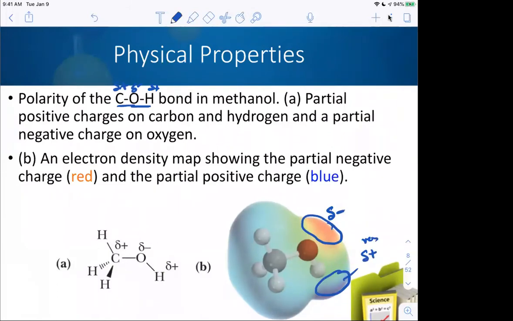And then notice my carbon here is more green. Actually that's my oxygen, never mind. My carbon here is more greenish blue. So I have a partial positive, but this partial positive on the hydrogen, right, this is my hydrogen, is pretty significant.